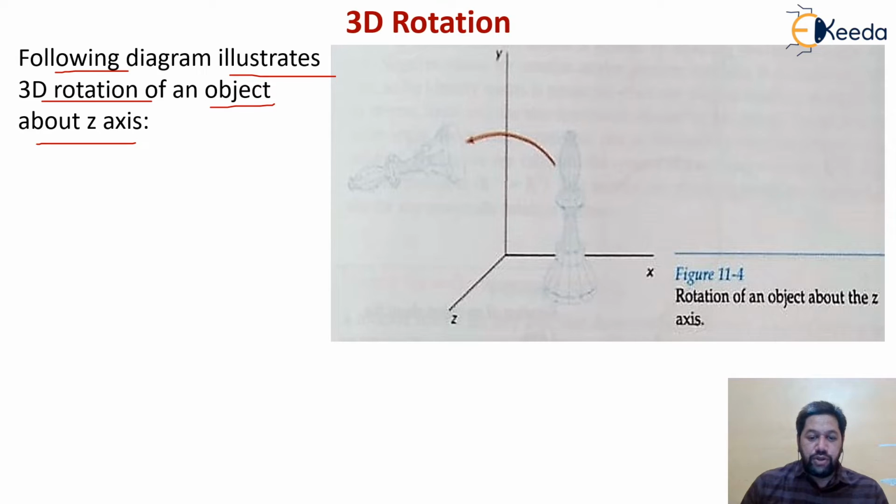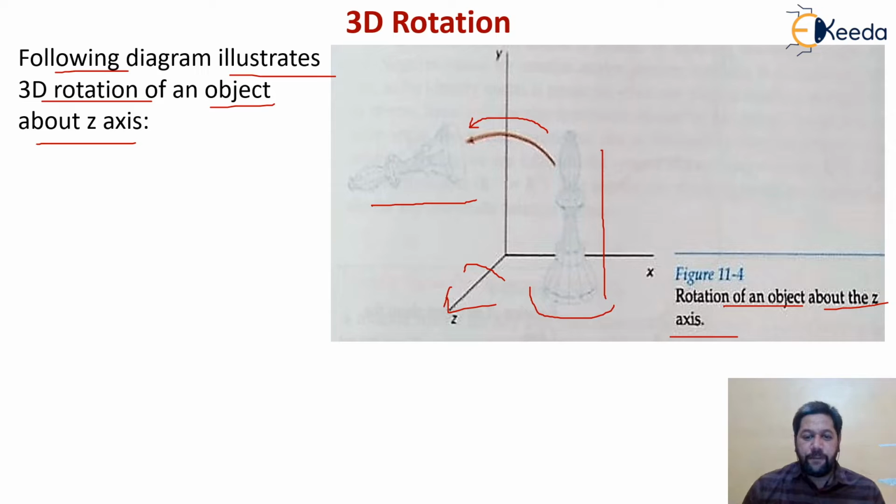This was my z-axis, the rotation of an object about the z-axis. This was my angle of rotation. This was my original object, which is here. When I rotate it about this axis, with this angle that I have shown here, my object will appear somewhere here.